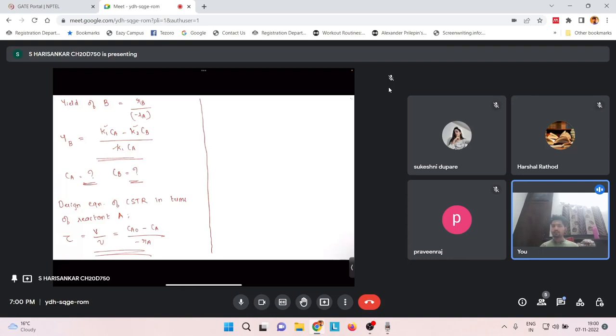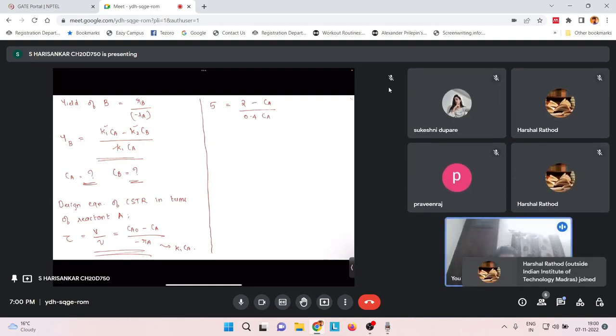So substituting the values, tau will be 5 minutes, and that is equal to Ca0 minus Ca by minus Ra. Ca0 is given as 2, and this minus Ra will be K1 Ca, where K1 is given as 0.4. So 0.4 Ca.